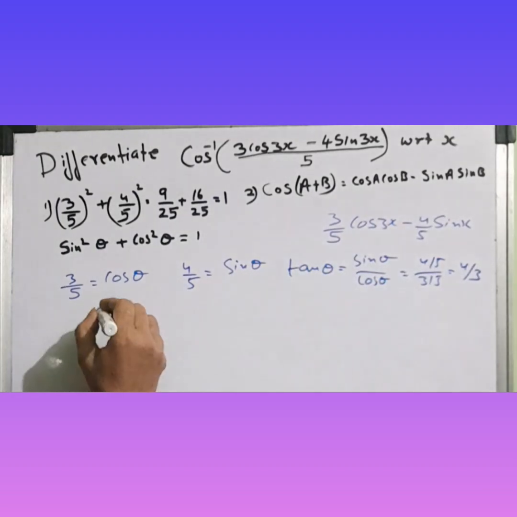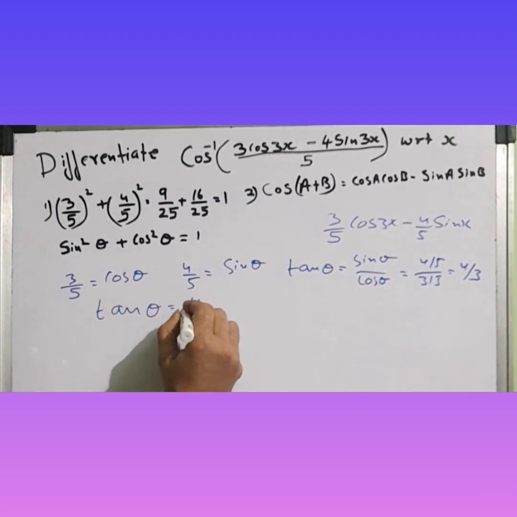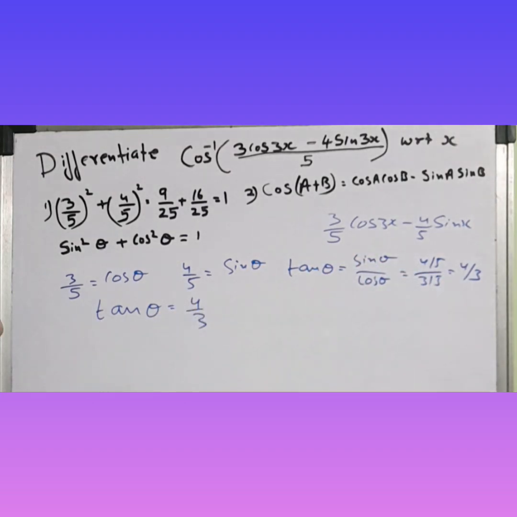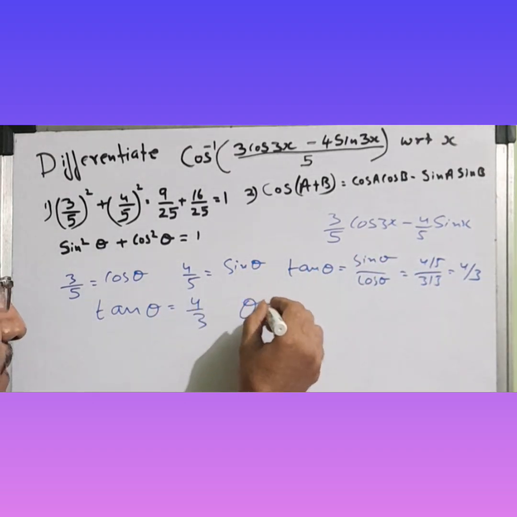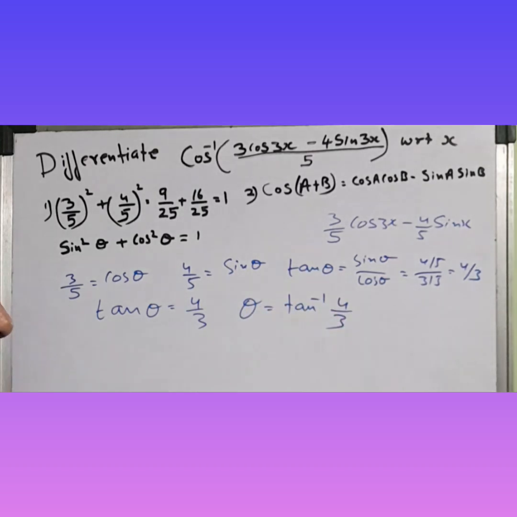If this means this, tan theta is equal to 4 by 3. This means tan theta is equal to 4 by 3. That itself means theta is equal to tan inverse 4 by 3. Done? Okay. So how does it help? Let's see how it helps.